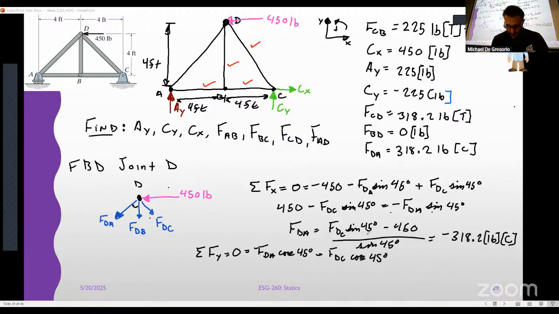The cosines are going to cancel, so you end up with FDA equal to negative FDC, which is what we got. Good for us, that's what we want. When we have the opportunity to check, we should definitely check.